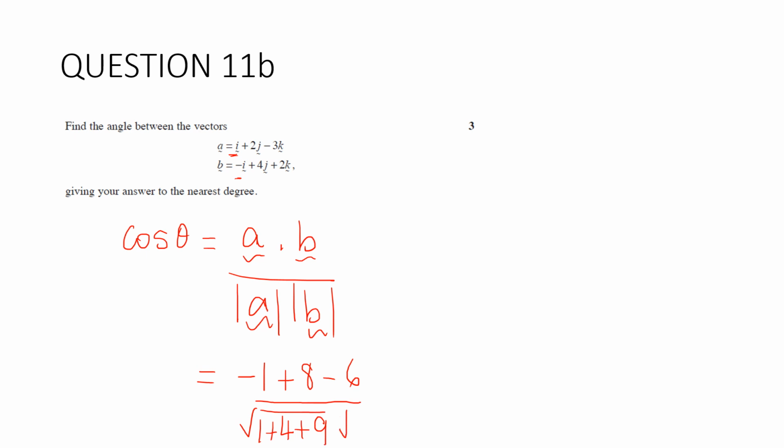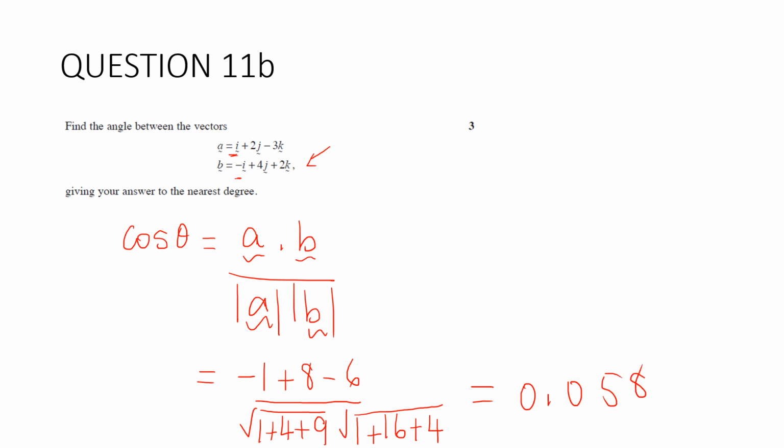And also multiplied by the magnitude of b, the square root of negative 1 squared plus 4 squared plus 2 squared. And I'm just going to put that into the calculator, which is going to give me negative 1 plus 8 minus 6 all over the square root of 14 multiplied by the square root of 21, which gives me 0.058.